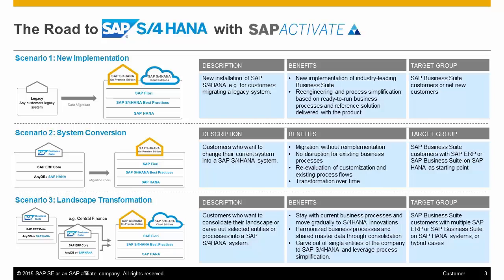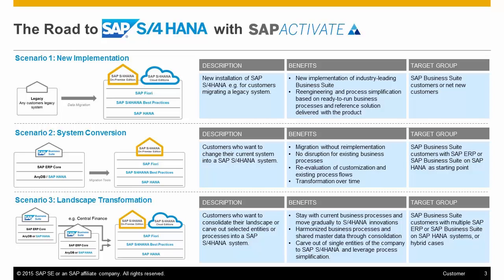New implementation. In this scenario, you are installing a new SAP S/4HANA system and migrate your data. System conversion. In this scenario, you are already using SAP Business Suite on SAP HANA or any database and want to convert your current system into an SAP S/4HANA system. Landscape transformation.